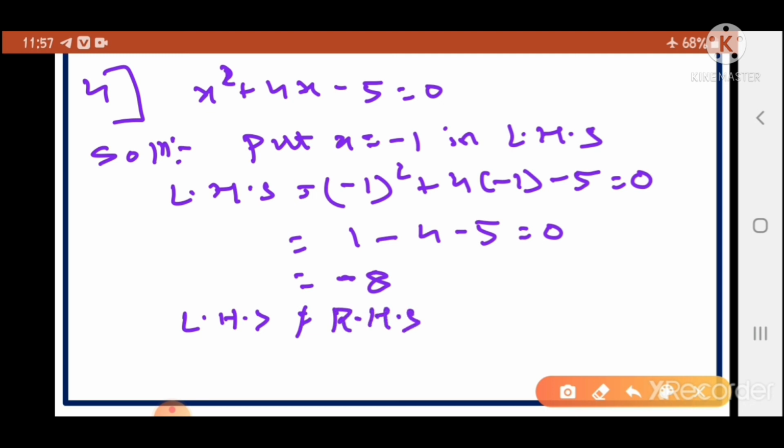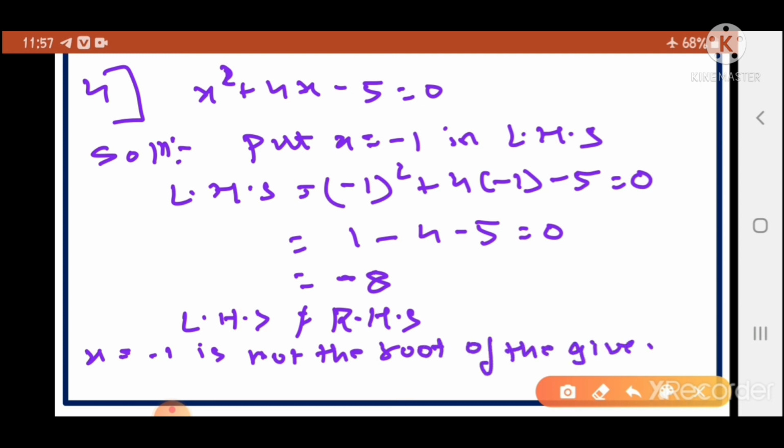Right. So what you will write here, x is equal to -1 is not the root of the given quadratic equation.